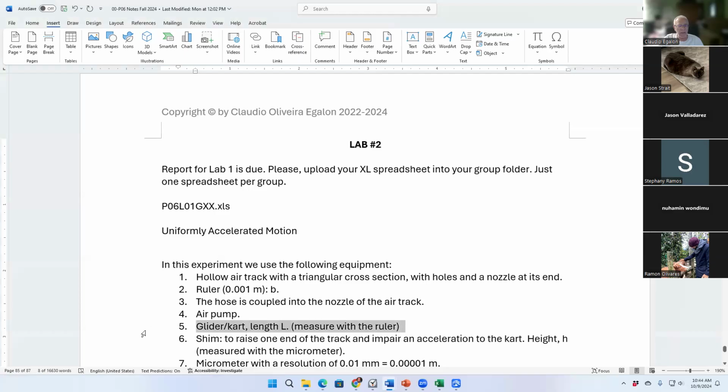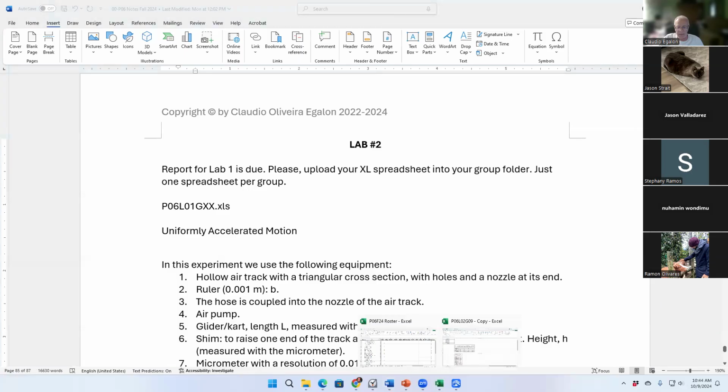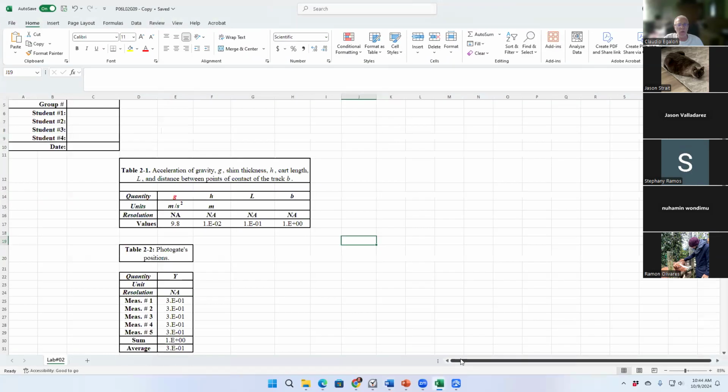The glider has a length L, which is also measured with the ruler. We need this length to determine the speed of the glider on the track, along the track. So let's take a look at their spreadsheet. Locate the length of the glider.